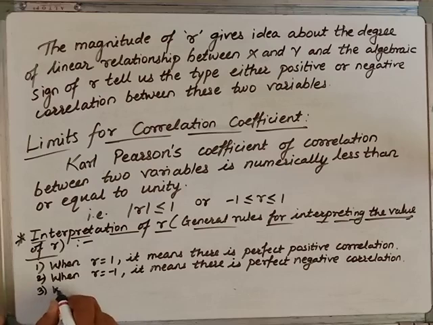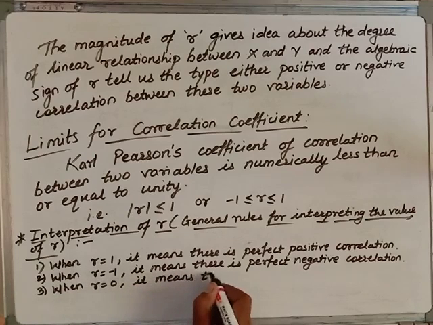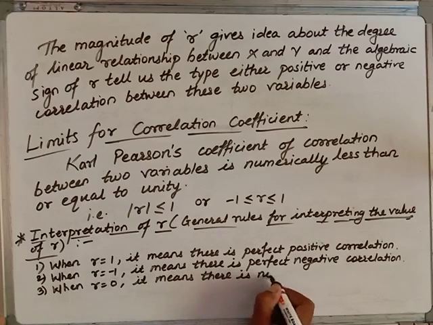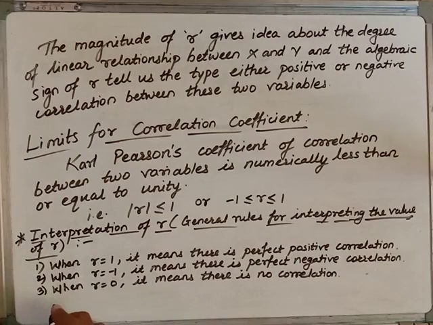When r is equal to 0, it means there is no relation or no correlation between them.